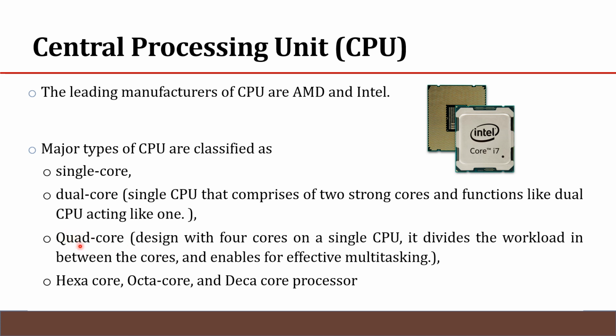It divides the workload between the cores and thereby enables effective multitasking. So a given task is divided and can be done with the help of these four cores, and that enables the multitasking process. Similarly, we can have hexa-core, octa-core and deca-core processors.